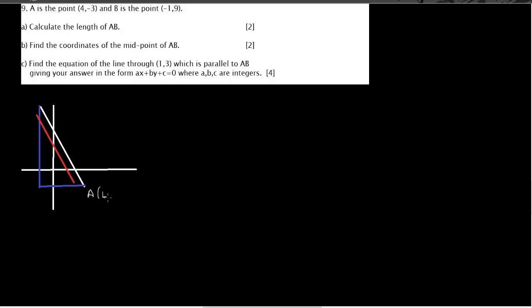So that's point A, which is 4, minus 3. And that's point B, which is minus 1, 9. It might help you just to sketch this, just have to be accurate, just sketch it.